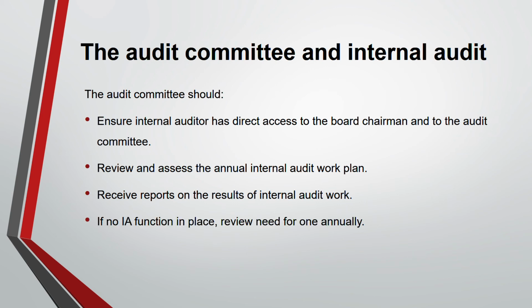And finally, what if no internal audit function is there? Remember, not every organization is supposed to have an internal audit function. But if it does, then it will be checked by the audit committee. But if no internal audit function is in place, review the need for one annually. That means every year you have to check whether there is any need for an internal audit function or not.